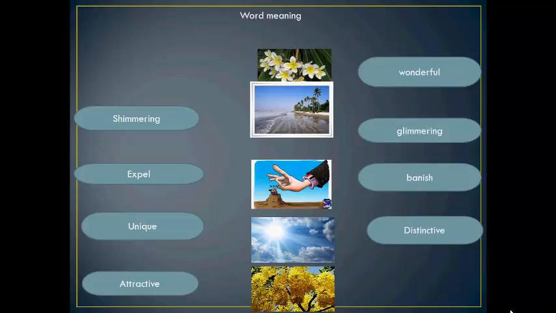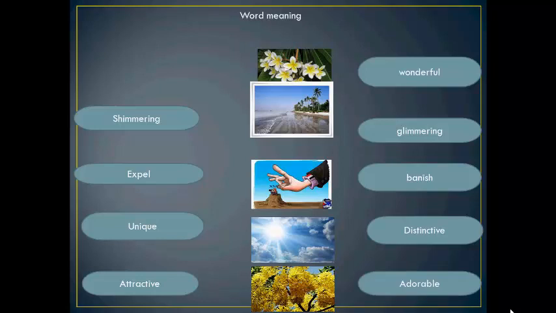We should know the meaning of wonderful and its synonyms: beautiful, fine, flexible, etc. Now you see shimmering, glimmering, expel, vanish, unique, attractive, distinctive. So please match the words and try to understand the actual meanings and parts of speech.